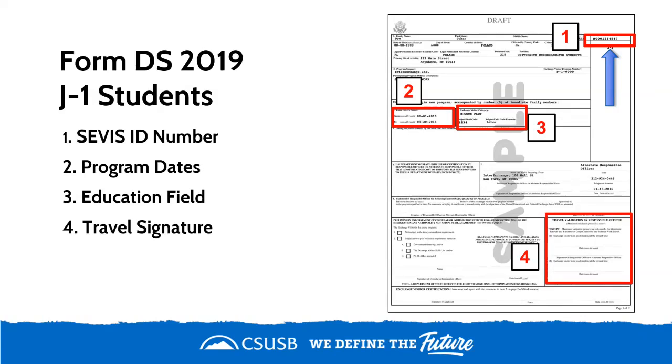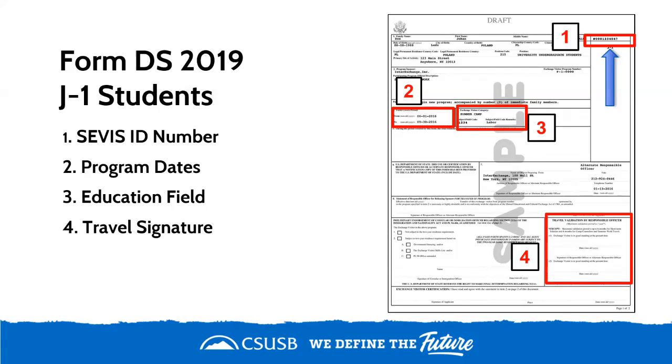Item number 2 also lists your program beginning and end dates. Again, if any student is not going to complete their program by the end date indicated in their SEVIS record and their DS-2019 form, please consult with our office so we can extend this date. Item number 3 is your educational field, your major.